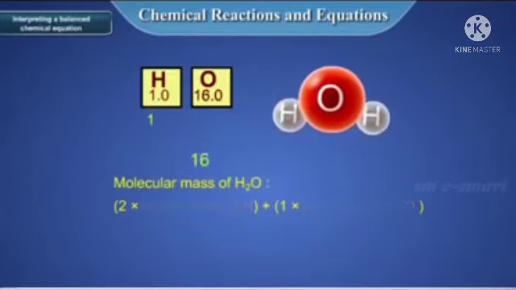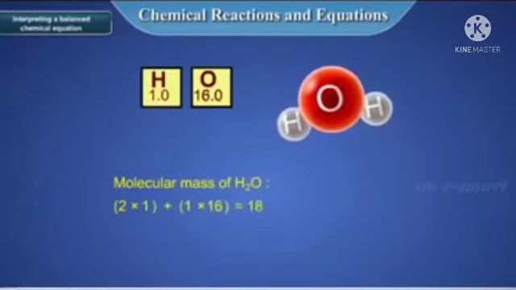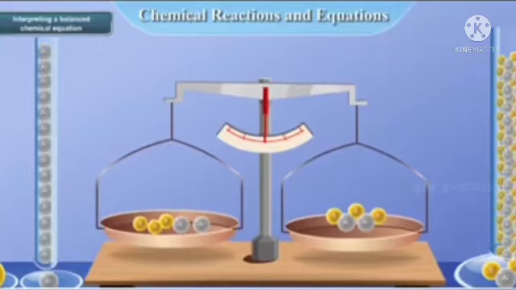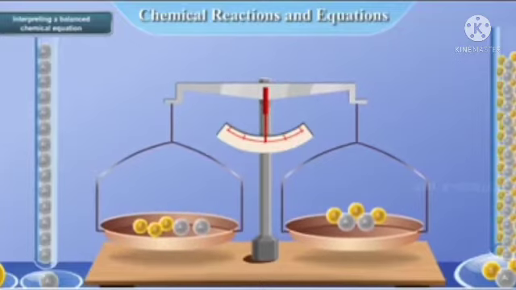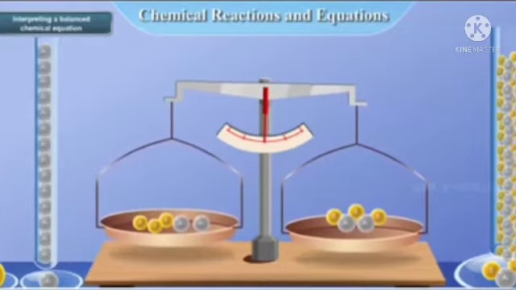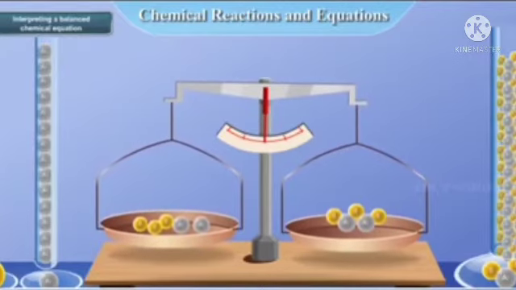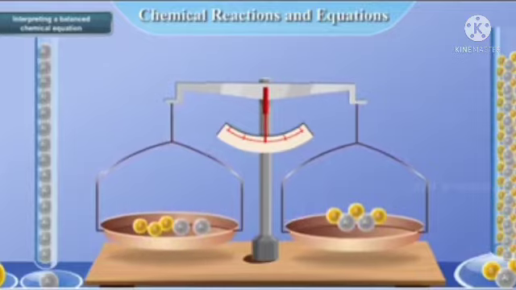Using molar mass and Avogadro's number, we can calculate the number of molecules and atoms of different substances from the equation. Mass-mass relationship, mass-volume relationship, volume-volume relationship, mass-volume, number of molecules relationship.